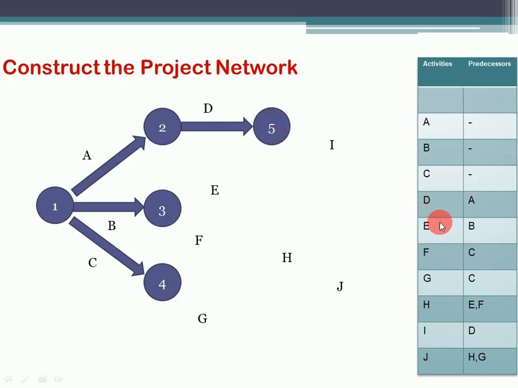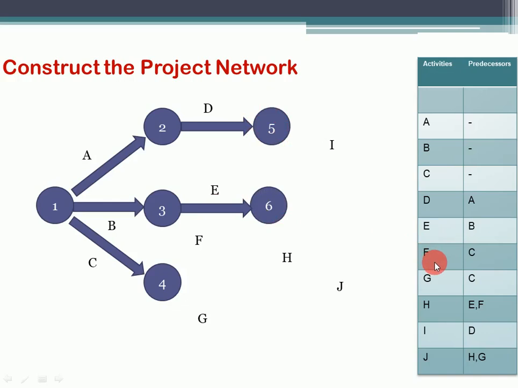Now activity E has B as its predecessor. That means we start E from node 3, where B is ending. Activity E will get started from here, and as the previous activity ended at node 5, this one will end at node 6.